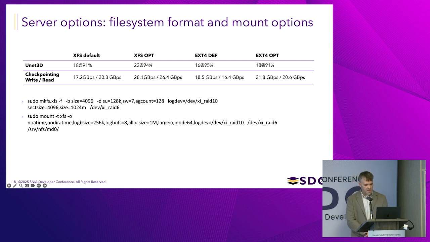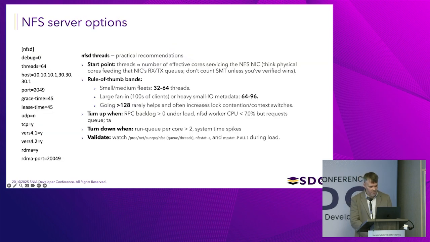Here you can see that in the best case, with XFS optimized, I was able to simulate 22 H100 GPUs at an average utilization level of 94%. And checkpoint load and checkpoint save speed was about 28 gigabytes per second, which is half of the total performance of my backend storage.